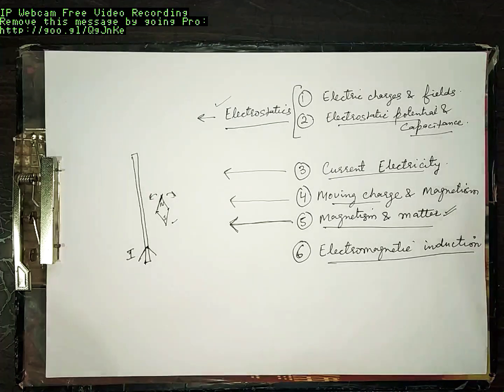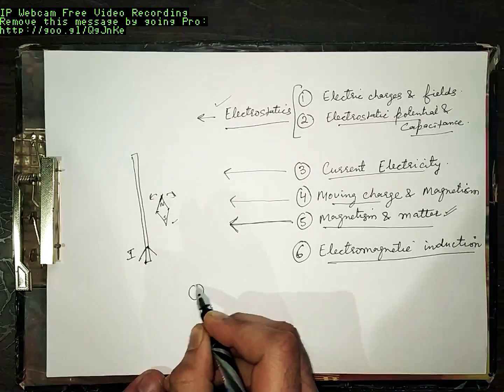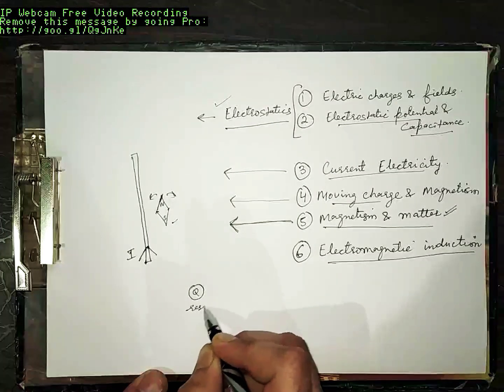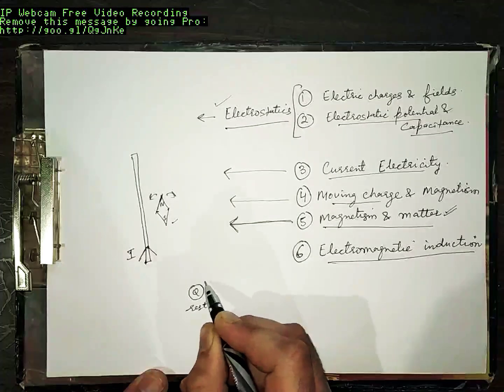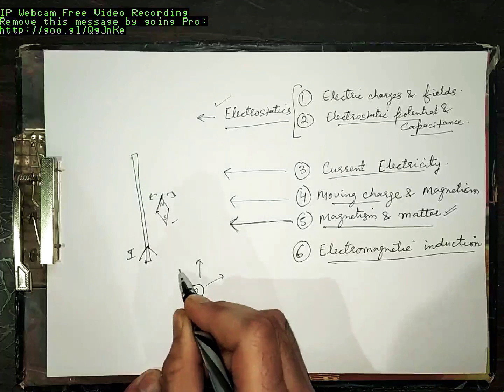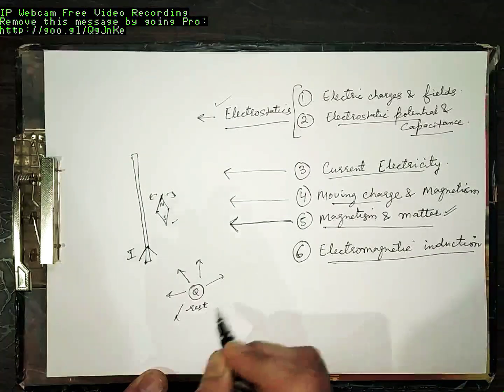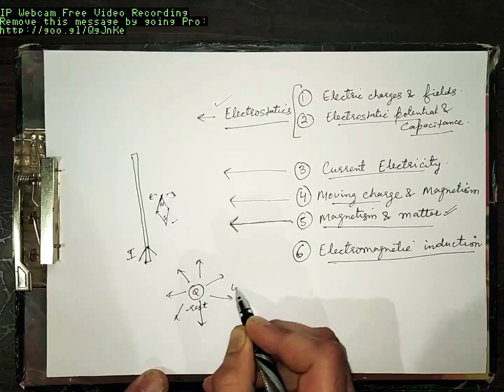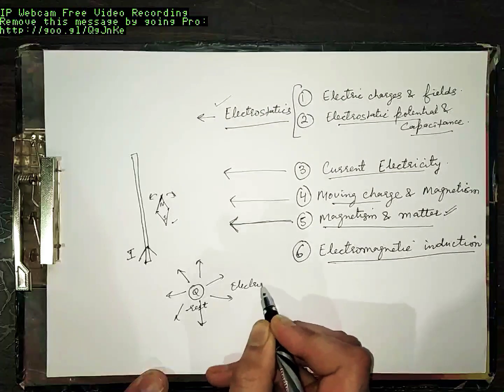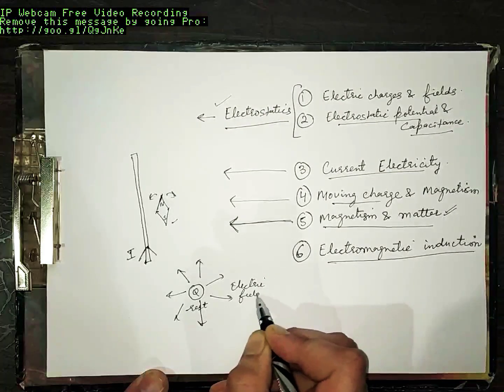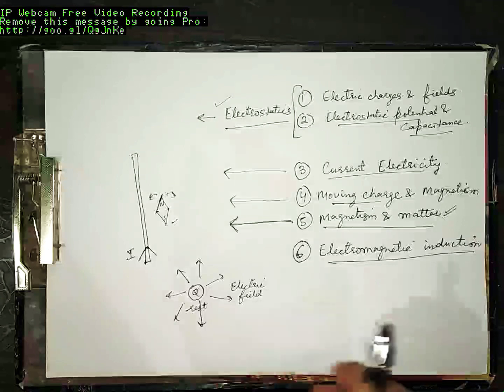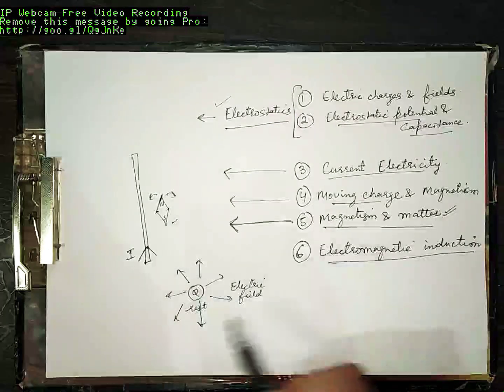Look here. All of you are aware that whenever charges are at rest, they produce electric fields. They produce an electric field, where we defined electric field as a region around the charge in which its influence can be felt.